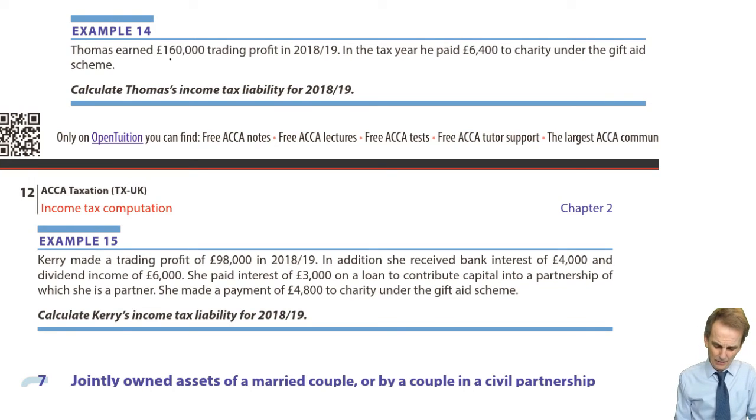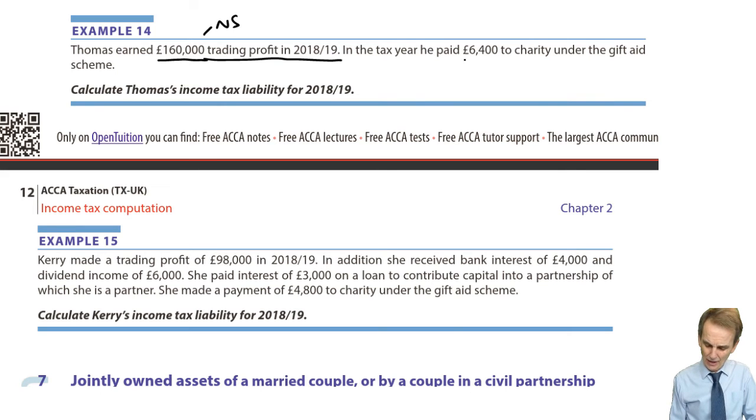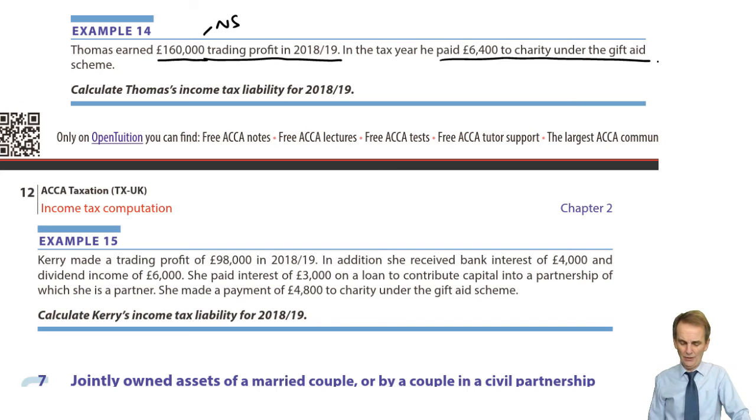Example 14, we read, Thomas earned £160,000 in trading profits in 1819. So again, non-savings. In the tax year, he paid £6,400 to charity under the gift aid scheme. Again, it doesn't say gross next to the 6,400, so the amount paid is the net figure.